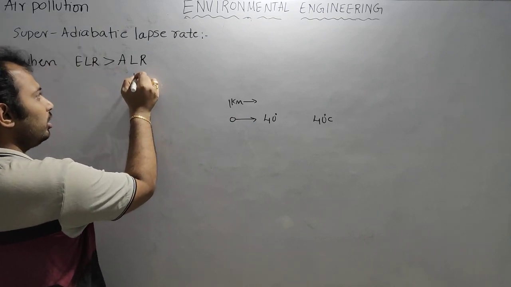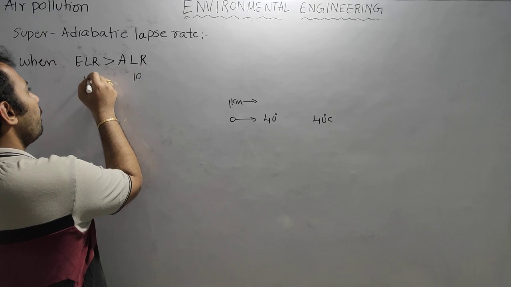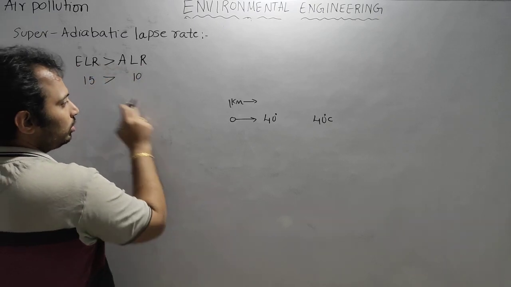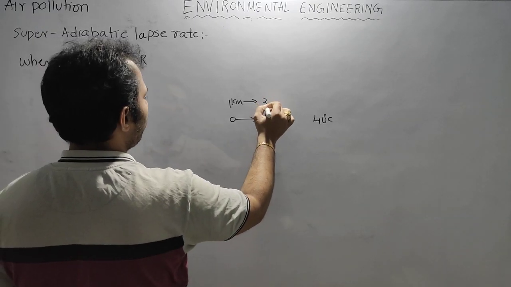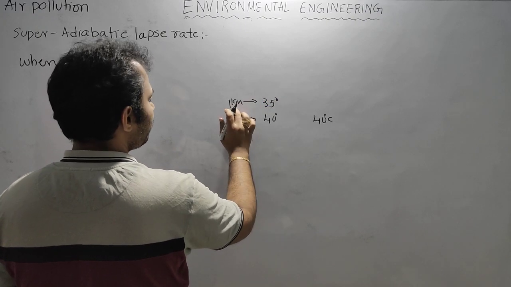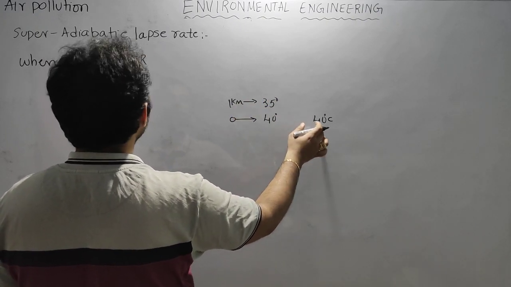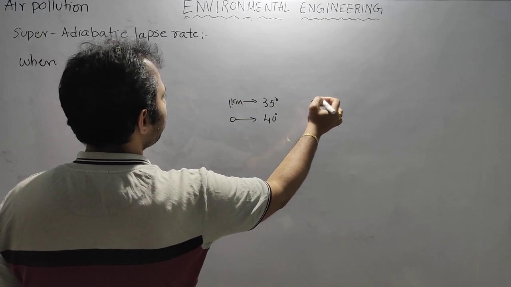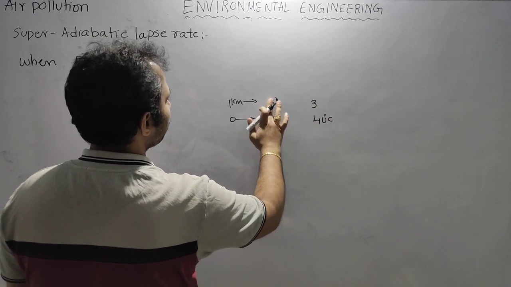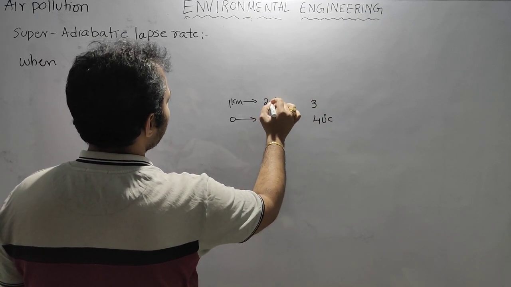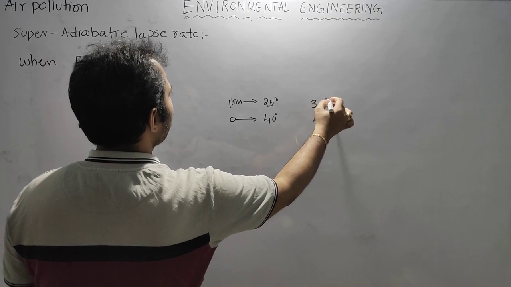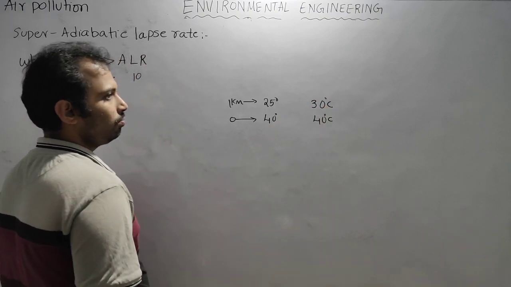The ALR is 10, it is constant. Now the environmental lapse rate is 15. So that means 40 will become 25 degrees at 1 kilometer, while the parcel, with 10 degrees lapse only, becomes 30 degrees. Who is warmer here?